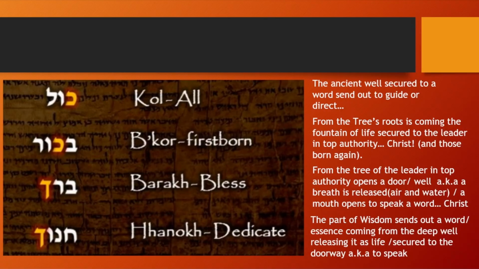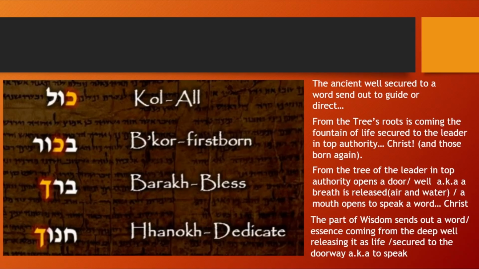The next word I want to look at quickly is just firstborn. You will see nearly in the middle you have a kaf, but it starts with bayet, which talks about a tree. So you have a tree, or from the tree's roots is coming a fountain of life, and it is secured, there's Vav, it is connected to this leader, Resh, in top authority.